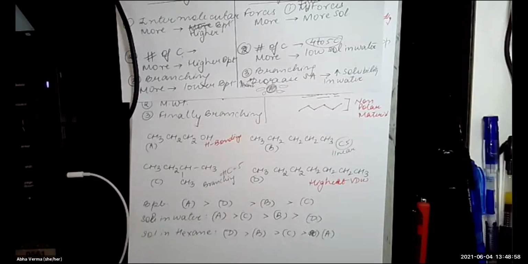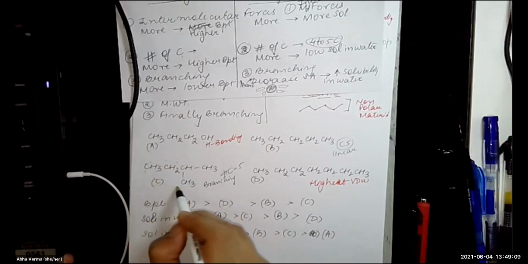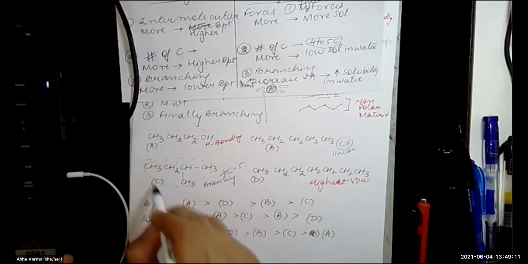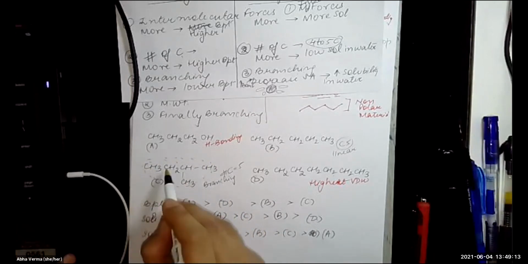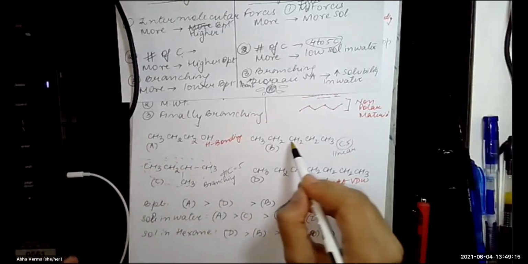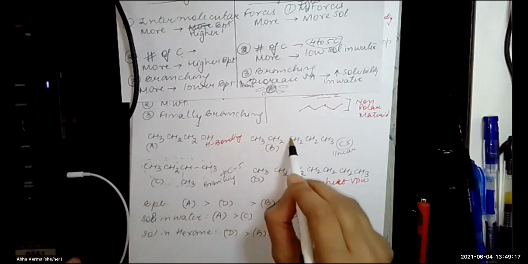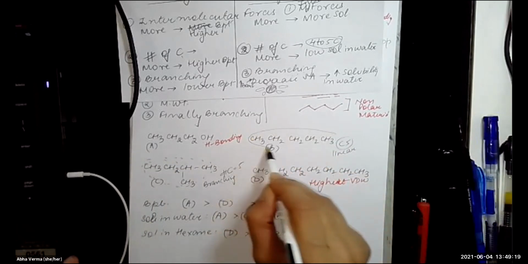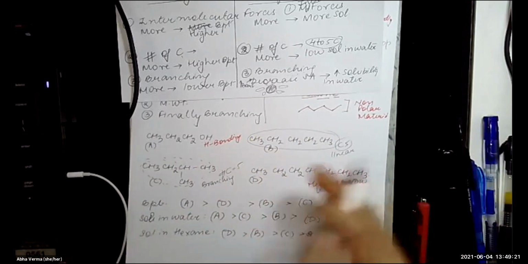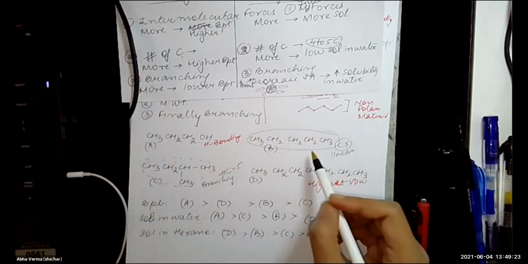Any questions? Can you explain why C for the solubility in water? So you see how branched it is? So it gets a spherical structure to it. So there are 1, 2, 3, 4, 5 carbons and 5 carbons here also. So the surface area of these 5 linear carbons is more.